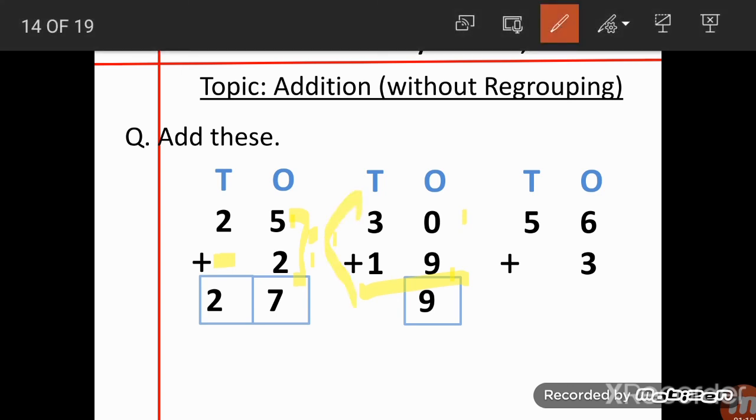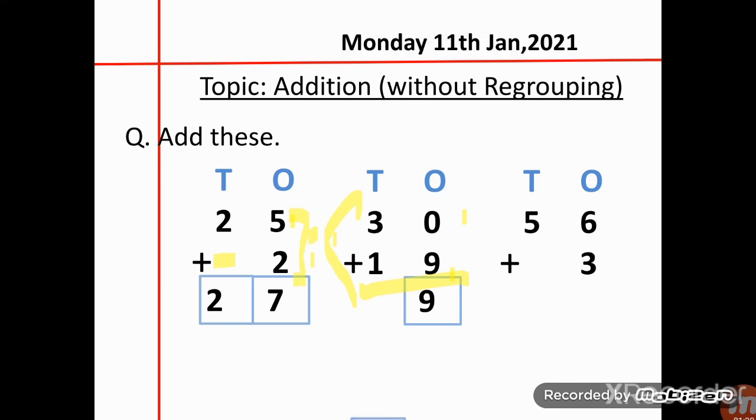Tens add करेंगे, 3 plus 1 equals 4. Okay, so this is the way you have to do your questions.